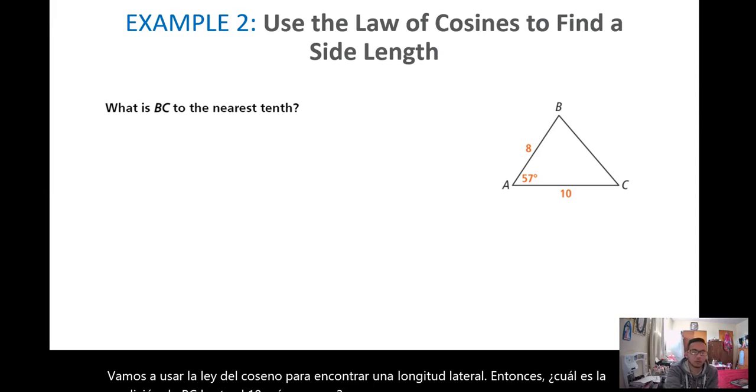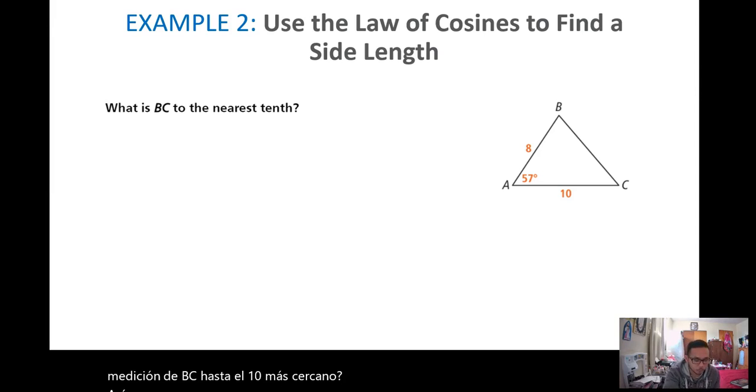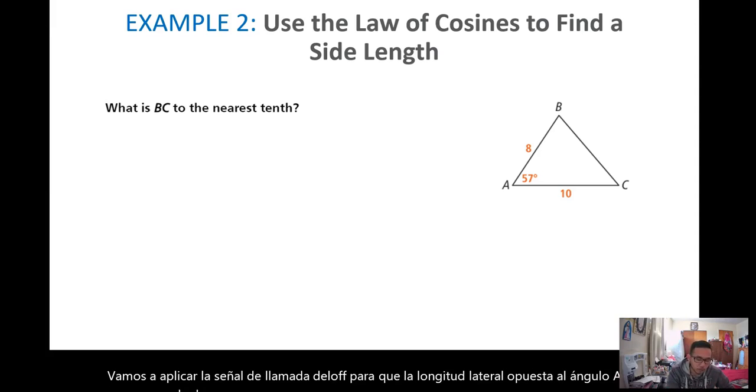Right. So we are going to apply the law of cosine. So the side length opposite angle A is unknown. You know two side lengths and the measurement of their included angle A. So use the law of cosine to write and solve an equation for BC.